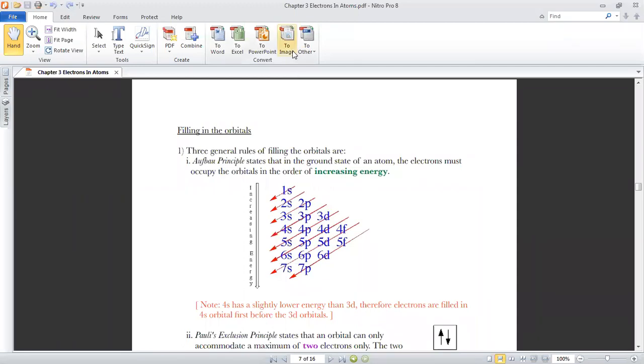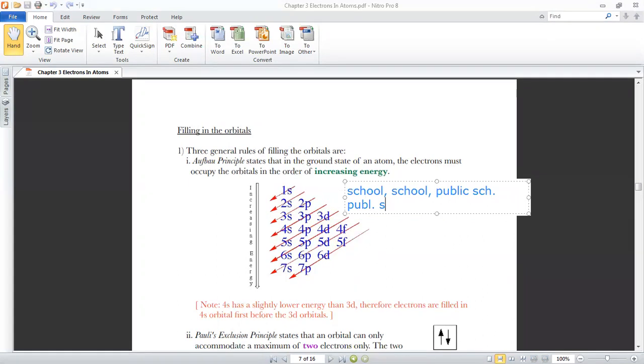You can easily remember it by this mnemonic: school, comma, school, then public school, then repeat it again, public school, then divisional public school, then public, divisional public school, and then again divisional public school.